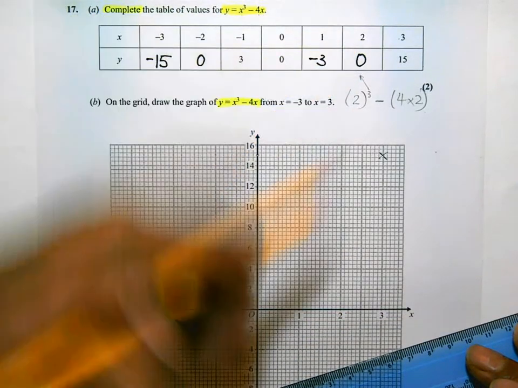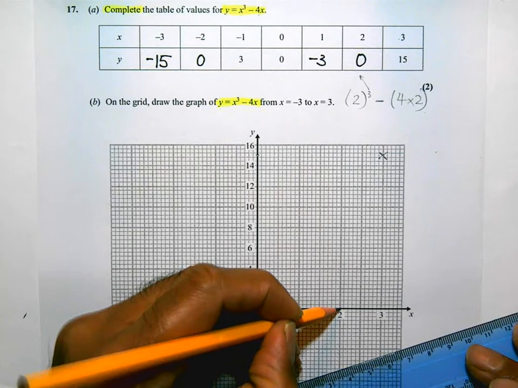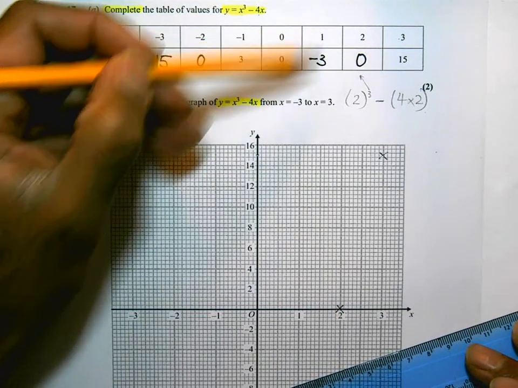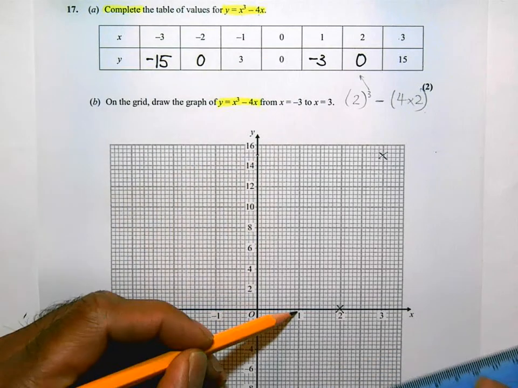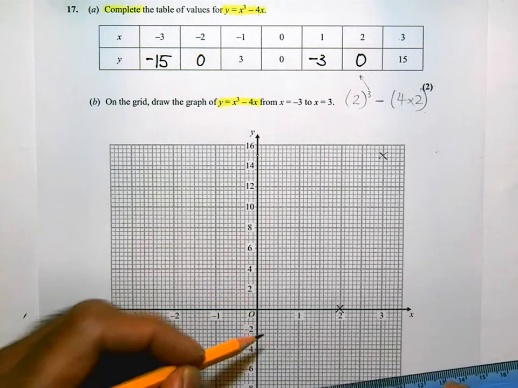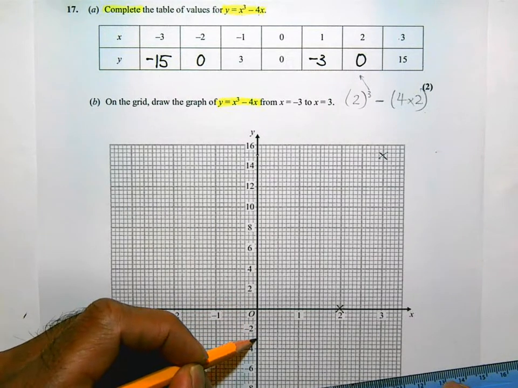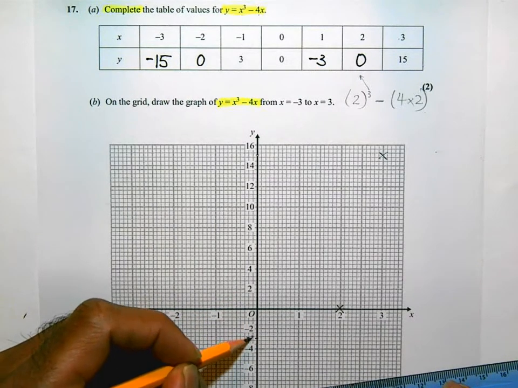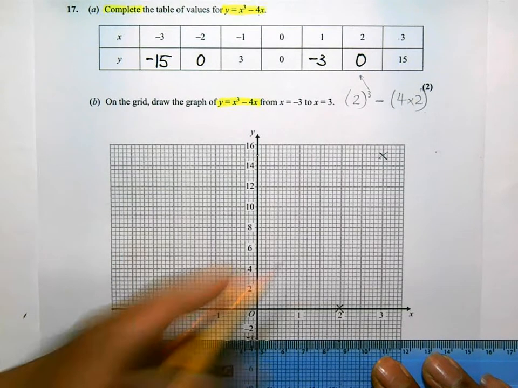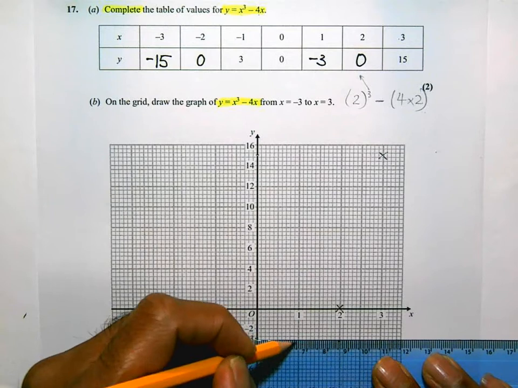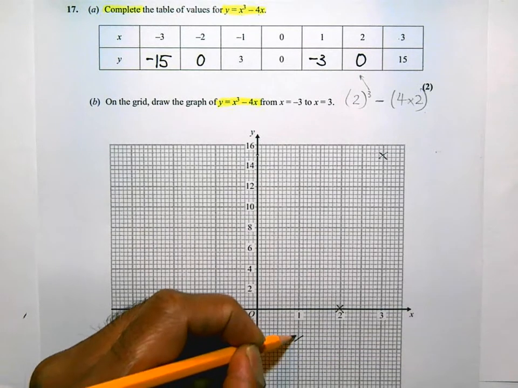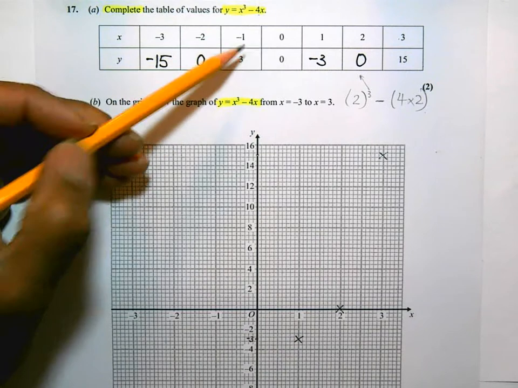When x is equal to 1, y is minus 3, so I need to go down to minus 3, which is that point halfway along there. Then when x is equal to 0, y is equal to 0, which is this point here.